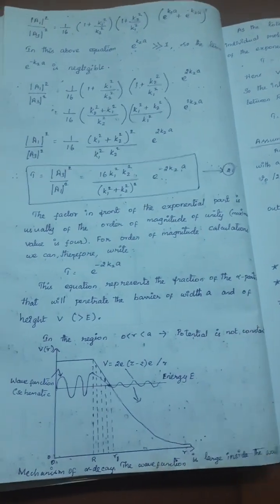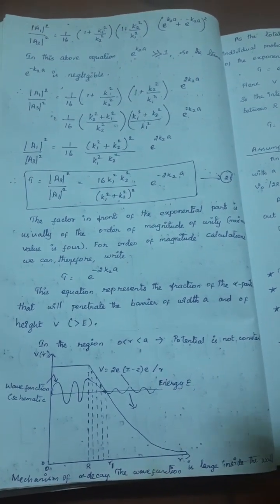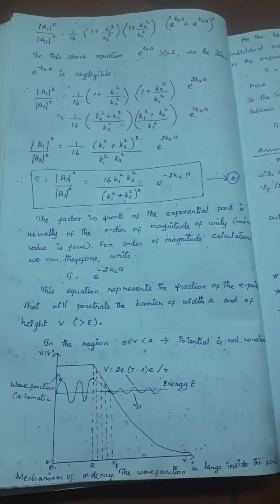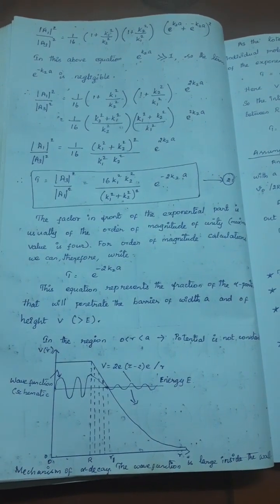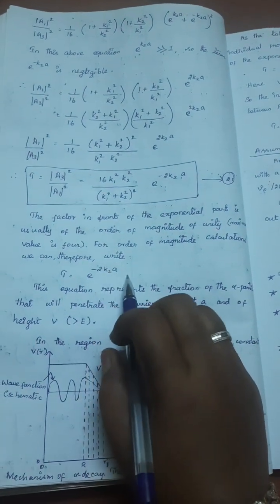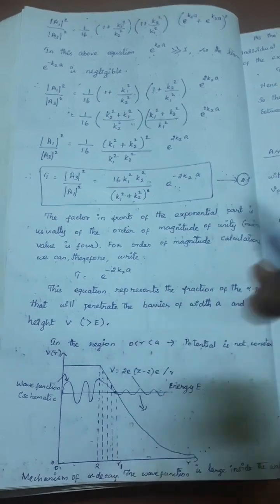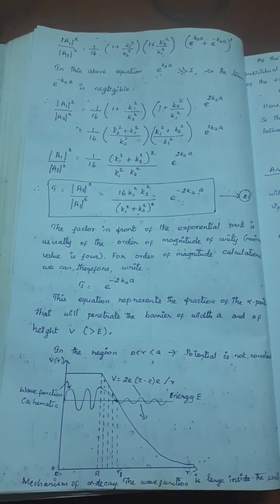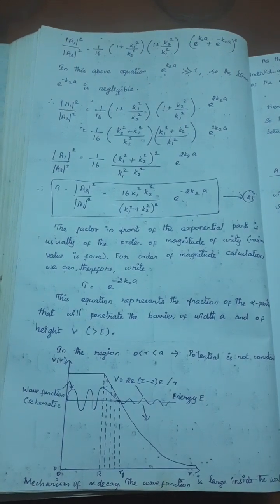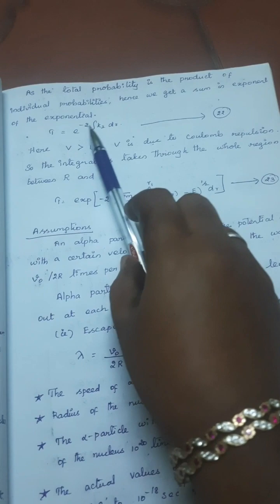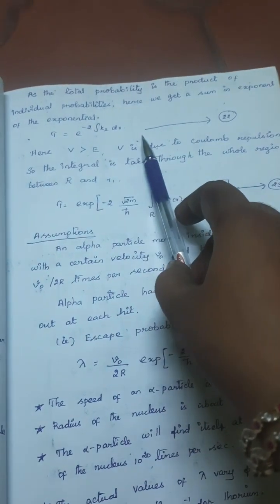So the probability of transmission from the potential well to the outside is the exponential term, exponential of minus 2K2a. So the transmission probability is measured by the next equation, that is T is equal to e power minus 2K2 into dr.